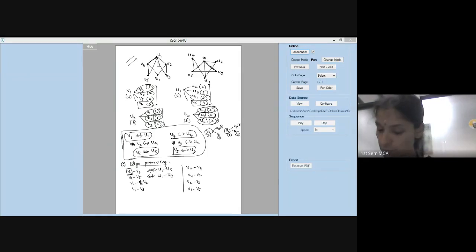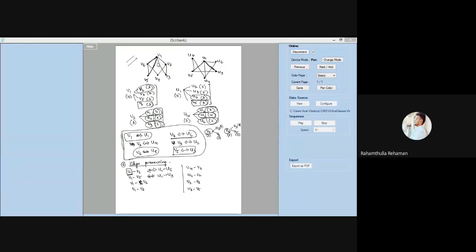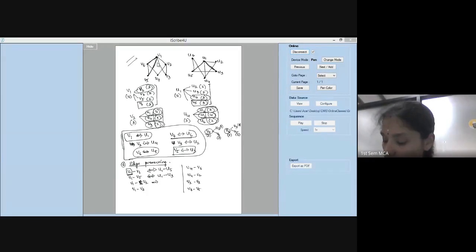All right. Now, next. Can you tell me what is the equivalent edge of V1, V2? Anyone? U1, U4. Very good. Just go on mapping whatever vertex preserving you have already done. So you know which vertex is equivalent to which other vertex. Accordingly you have to write it.